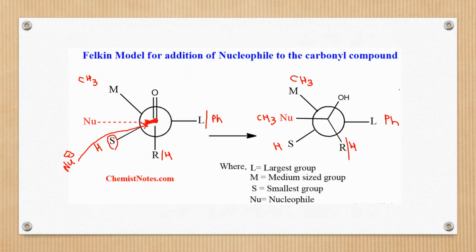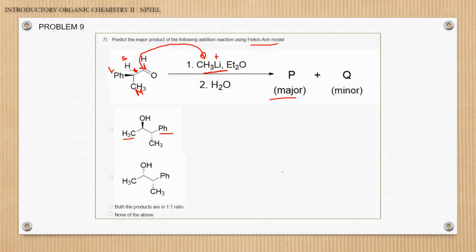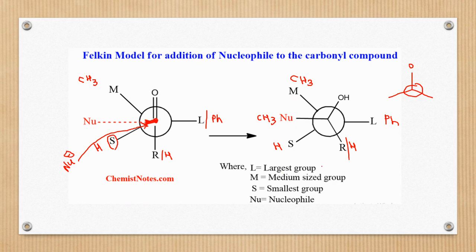So you have to rotate things so that the phenyl of this and the methyl of this are anti to each other.